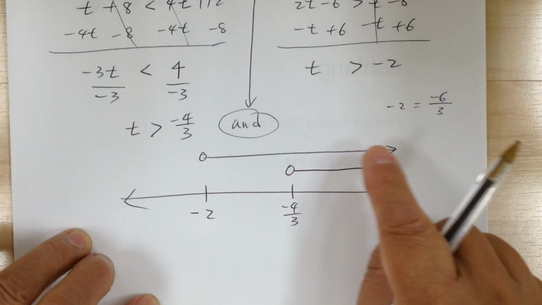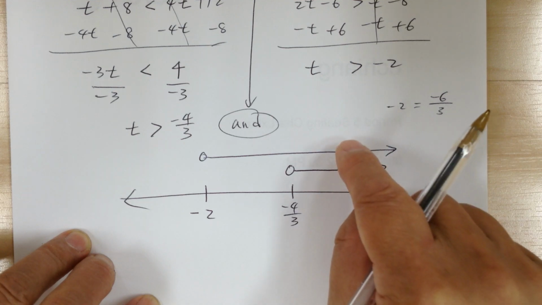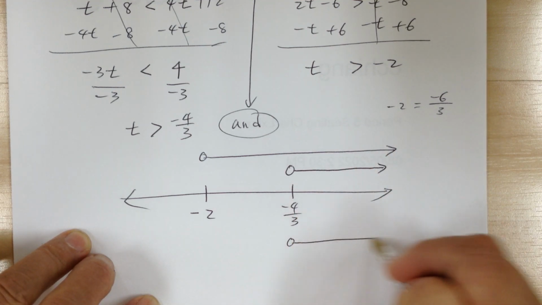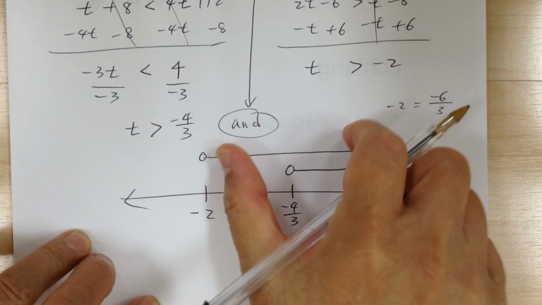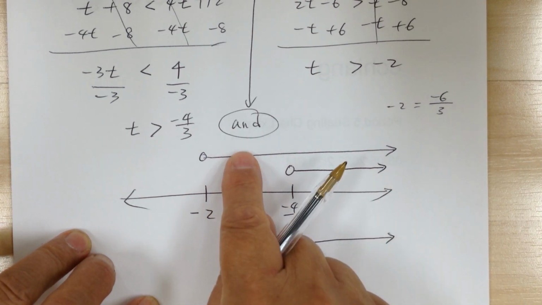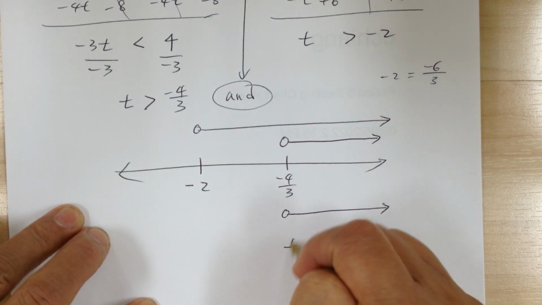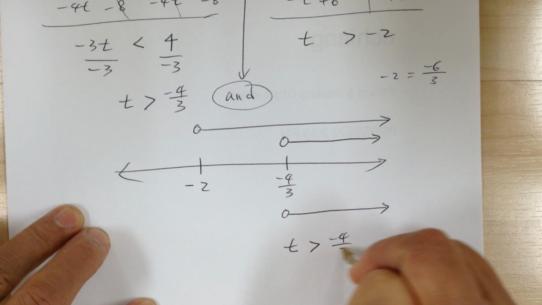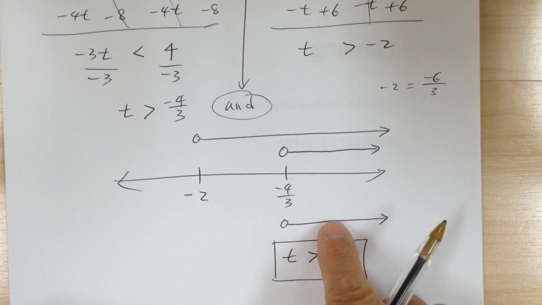So the only part that is good is this part over here, because this part is in here and in here. So your final graph would be over here. Again, this part is in here and in here. This one is no good because this is not in here, right? And so your answer would be t is greater than negative 4 over 3. Okay? Again, you have to write your answer based on your graph.